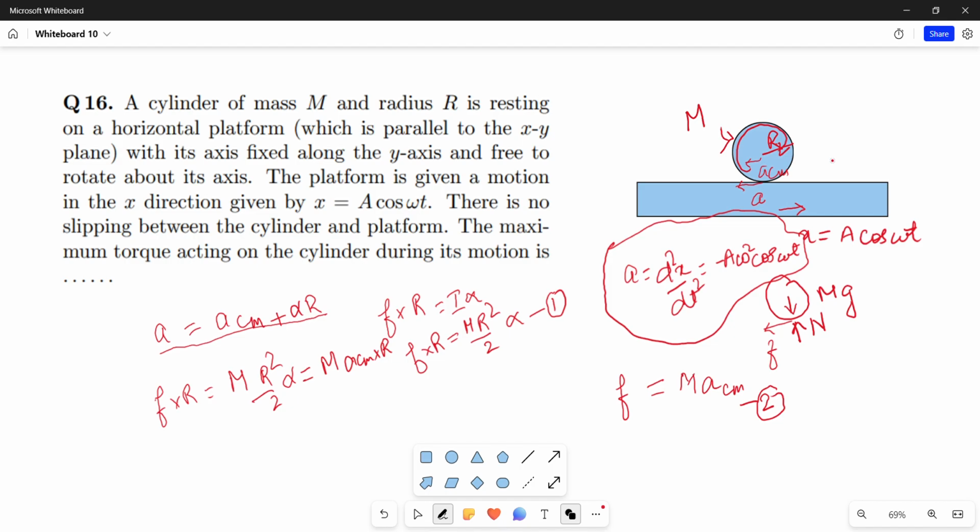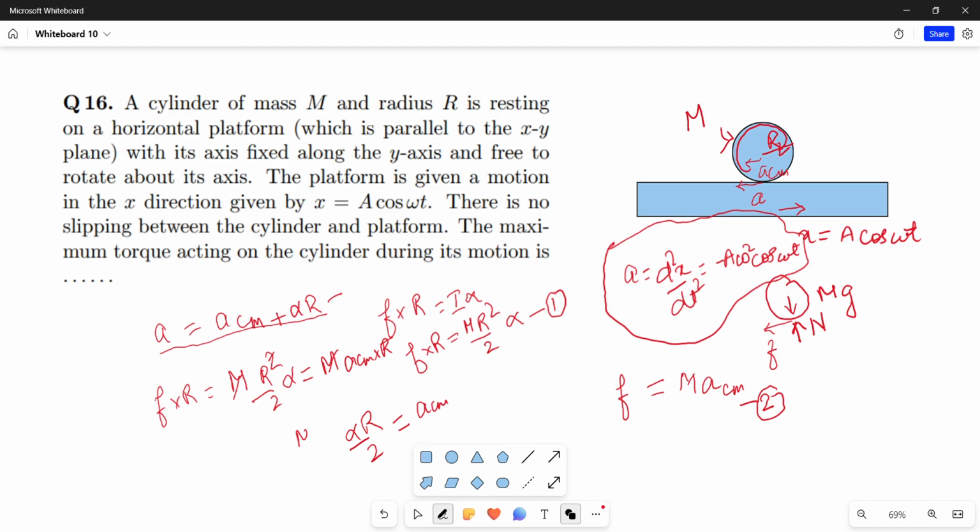So when we cancel out, r and r will cancel out, m will also cancel out, so we are left with alpha r by 2 equals ACM.